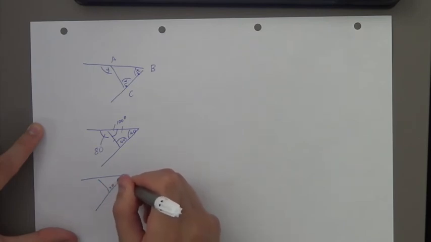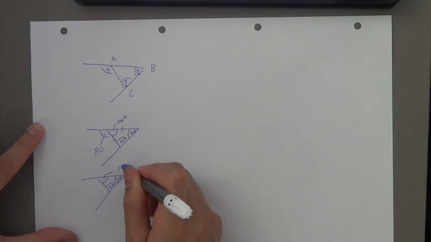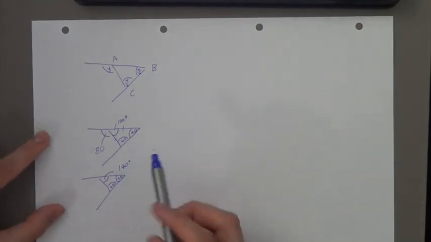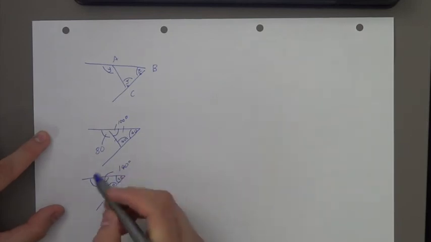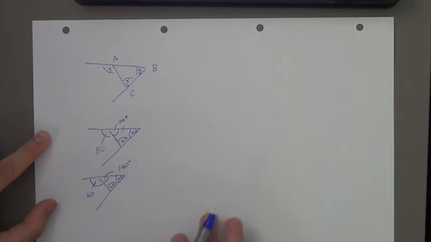Change the example again. If this was 20, then this would be 140. 20 plus 20 plus 140 equals 180. Therefore, this would have to be 40. 40 equals 20 plus 20.